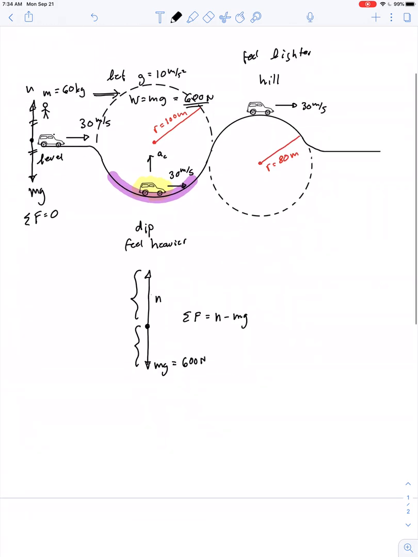Okay, so we'll take that as step one, and then in step two, we simply replace net force with ma. So ma equals N minus mg. But keep in mind, this is a centripetal acceleration. So in the next step, we can replace acceleration with v squared over r. So mv squared over r equals N minus mg.